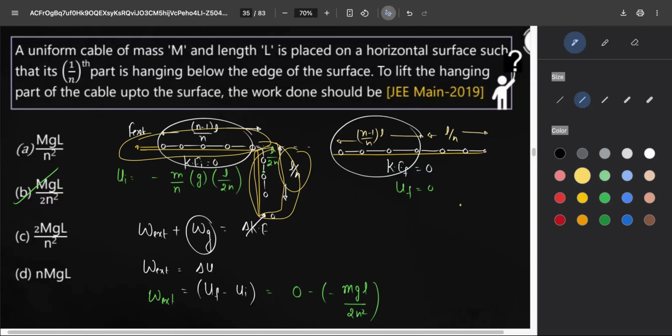When you look at the end of the day, this surface is like this. Do I need to maintain some velocity over here? No, I don't need to, right?